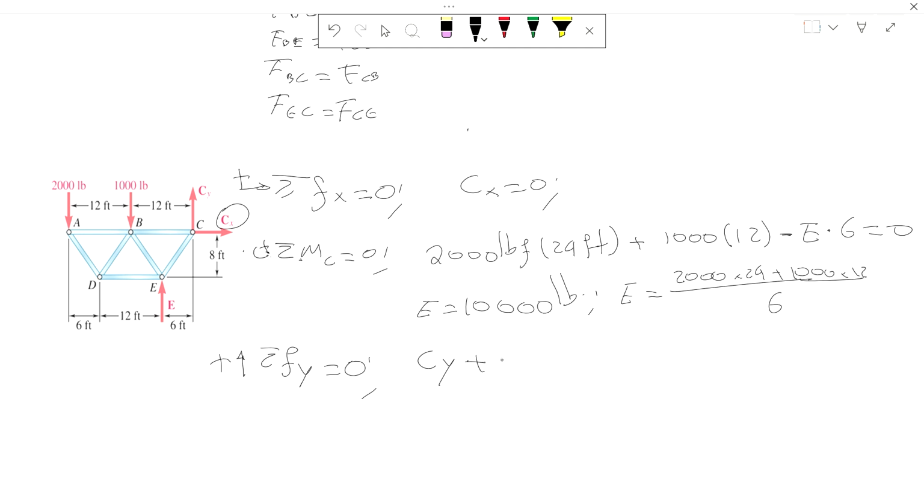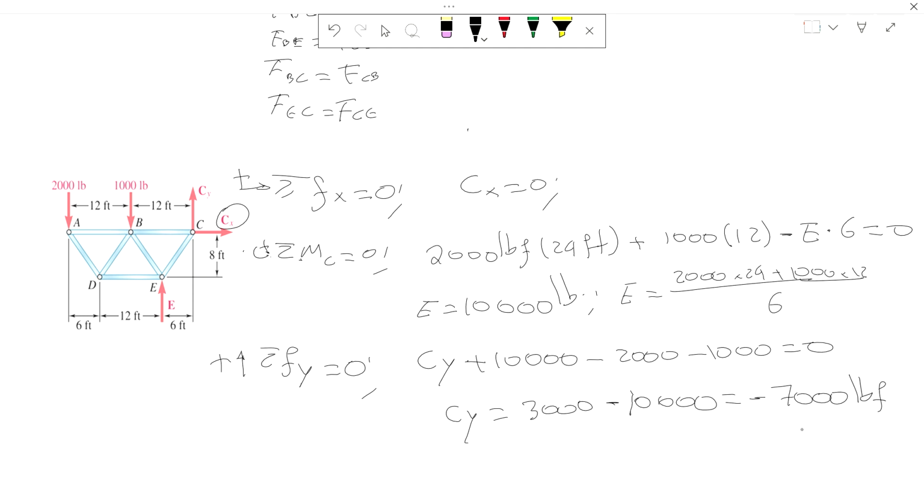E is going up, plus 10,000, minus 2,000, minus 1,000 equals 0. So Cy equals 3,000 minus 10,000, which is equal to negative 7,000 pounds.